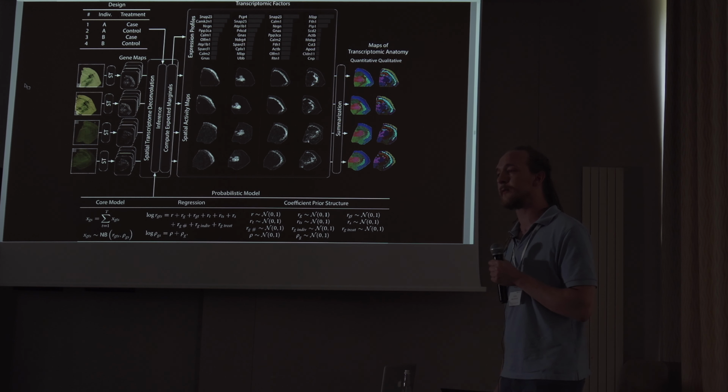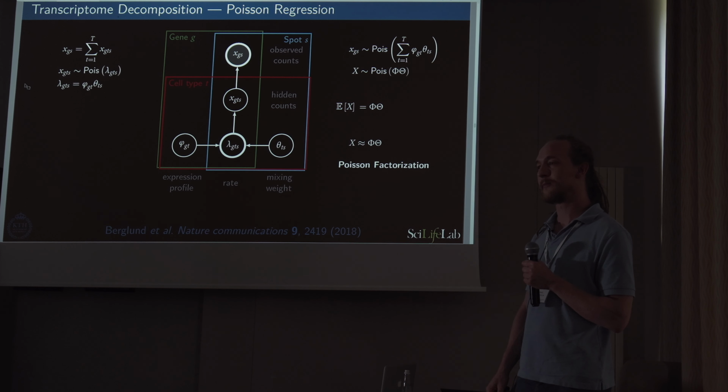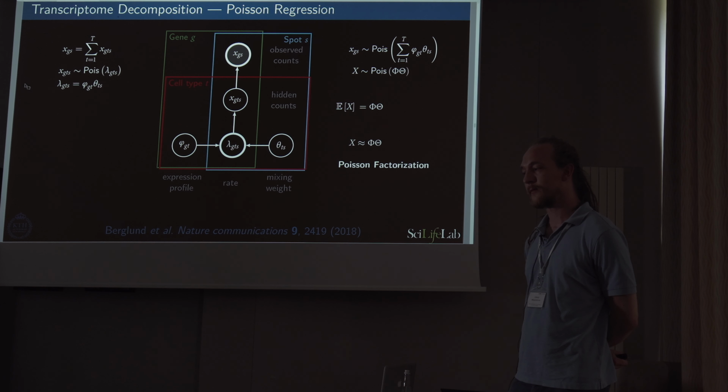Can I ask a question about the previous one? Just one question. So when you say, because of this mixing weight, from this approach, can you, for example, say, because I estimated my parameters, there are 10 cell types, and each of them is present in this sample with this fraction, right?